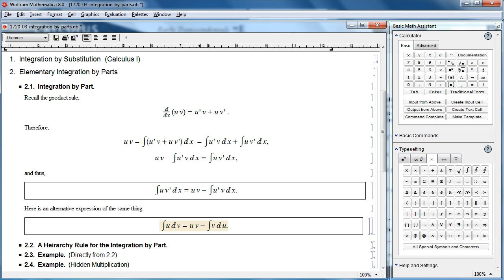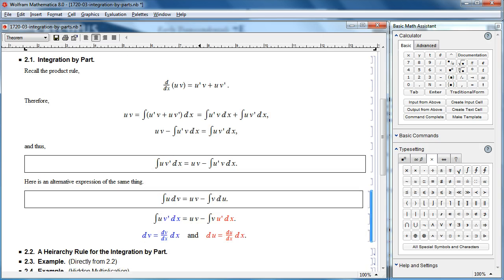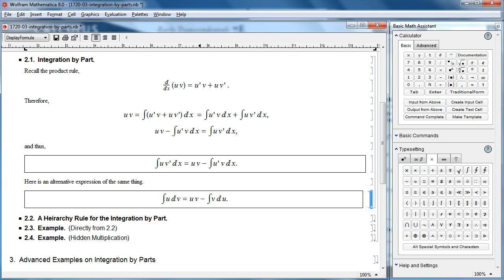Personally, I don't, but a lot of students like these. These two are the same because dv is nothing more than v prime dx, which I color-coded as blue. And du is nothing more than u prime dx, which I color-coded in red. So the second formula and the first formula are actually identical.